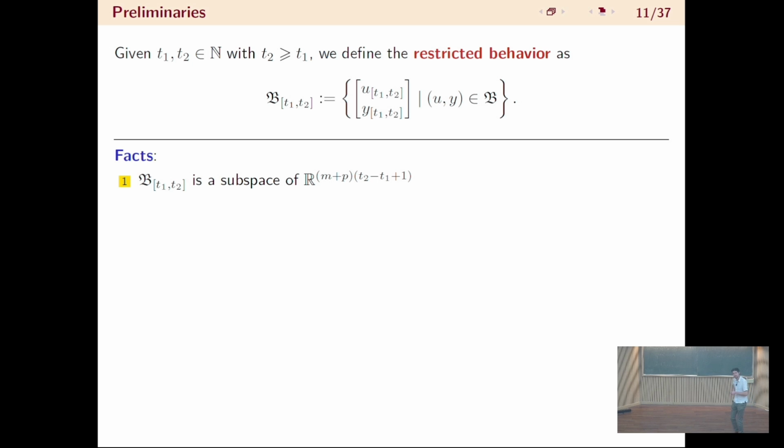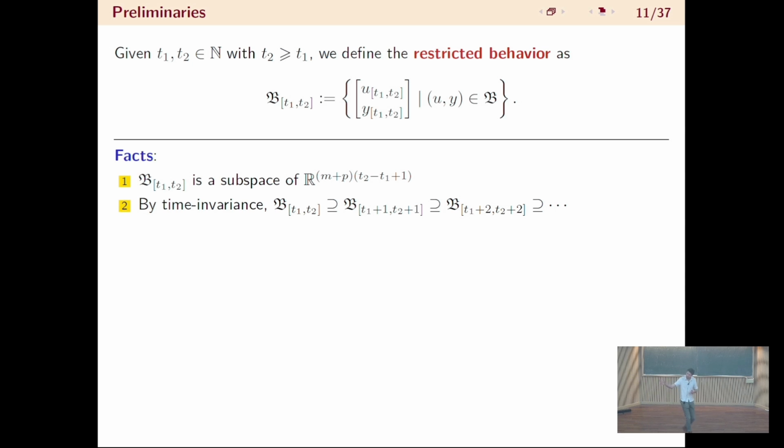Now, there are a couple of facts that you can prove for such restricted behaviors. The first one is that this is a subspace. So the restricted behavior on [t1, t2] is a subspace of this space over here. And something interesting is that since we start with a time-invariant system, we in fact have this series of inclusions. What does that mean? Well, trajectories on the interval [t1+1, t2+1] are also trajectories on the interval [t1, t2].